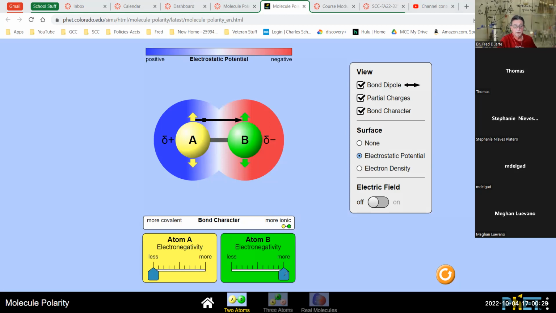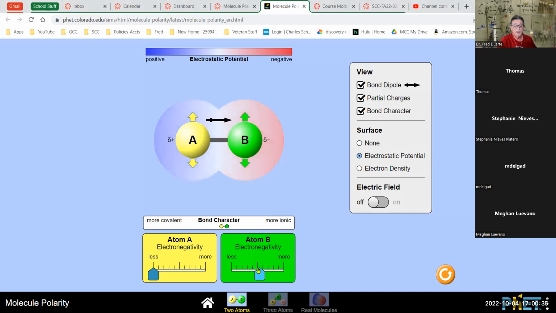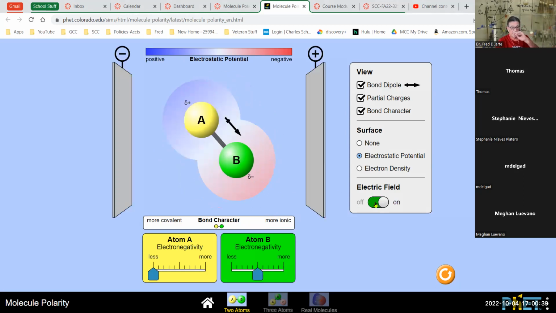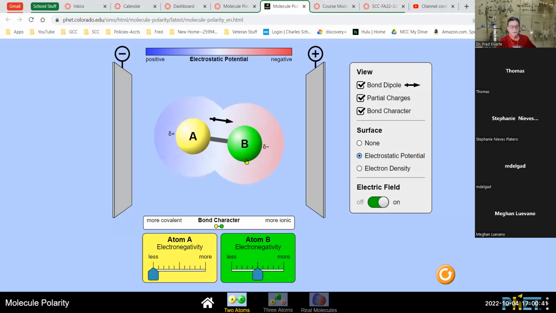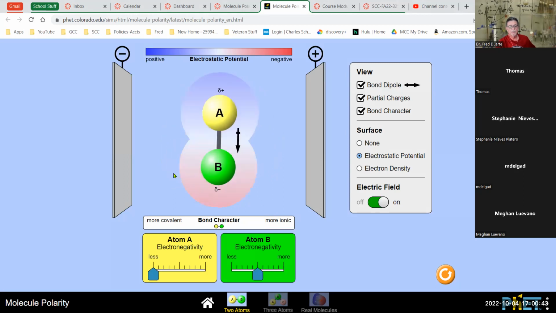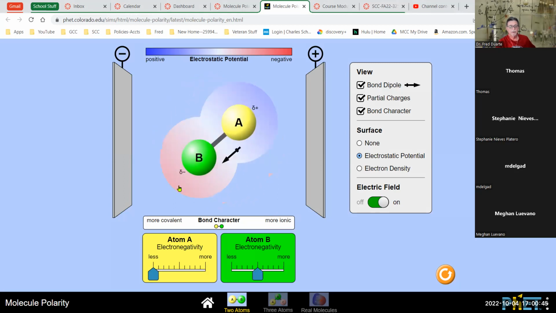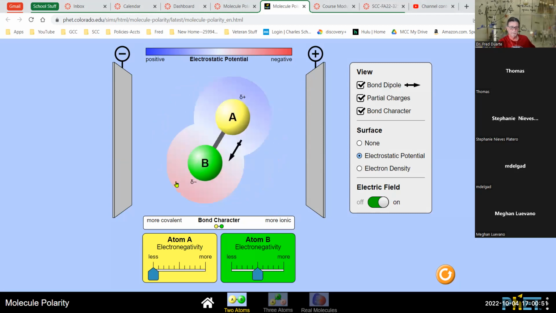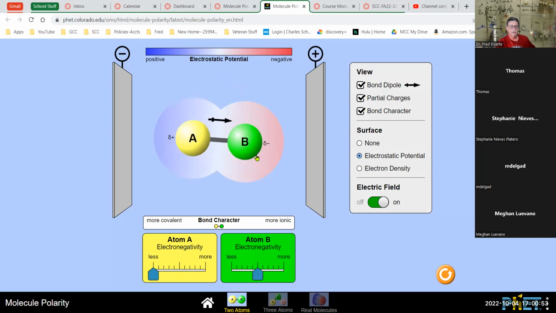And so a more covalent character would be something like this, okay? And it puts a charge in. Now, what can happen is if I put an electric field in it, sure enough, the molecules will line up, okay? The partial negative will be attracted to the positive plate in the electric field. That's one way to line up the molecules, okay?